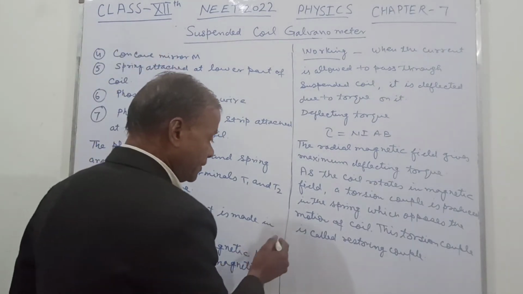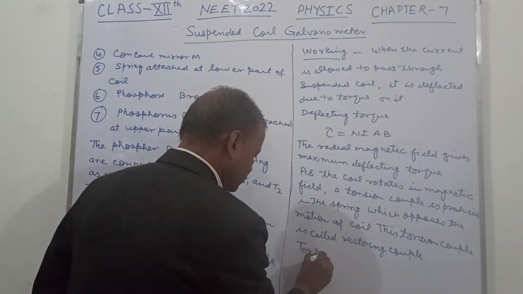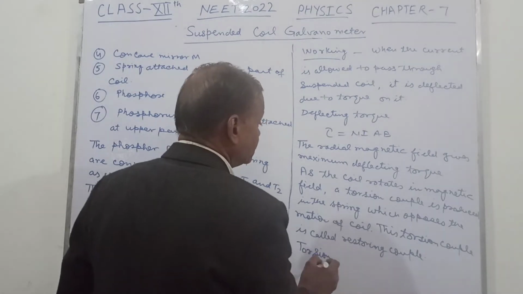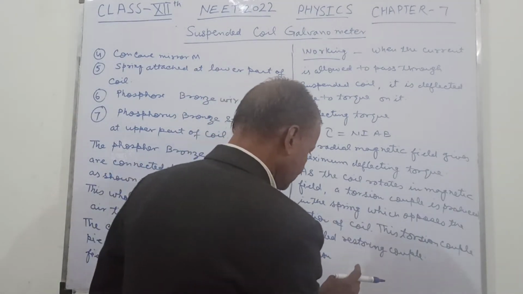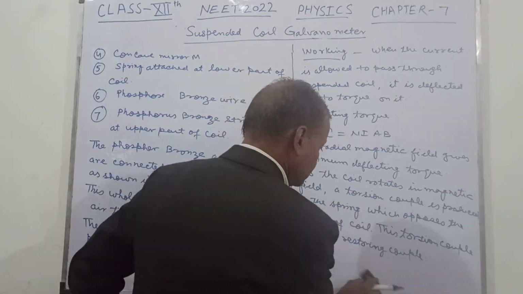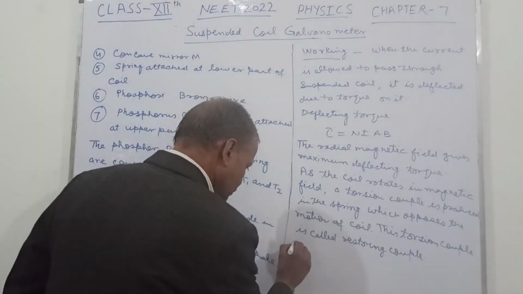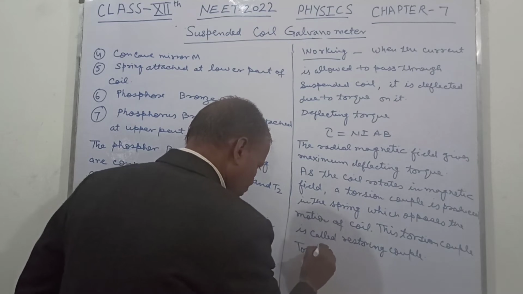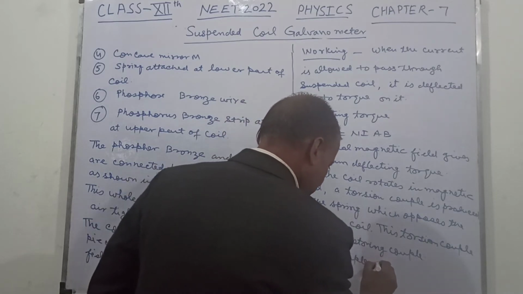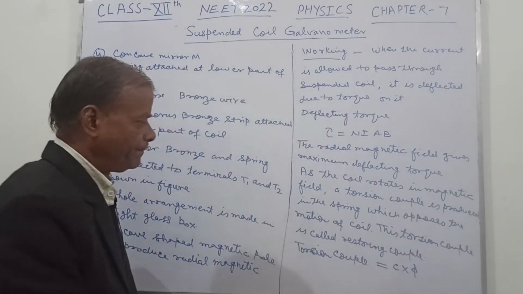And this torsion couple is given by C into phi.